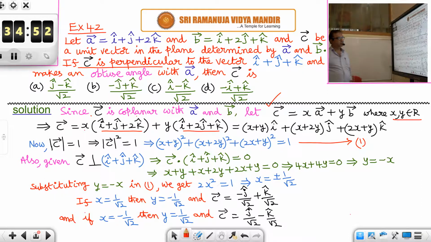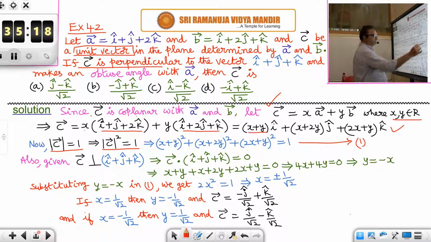Then collecting the coefficients of i cap, j cap, k cap separately, you can write it like this: x plus y into i plus x plus 2y into j plus 2x plus y into k. Now, it is given that C bar is a unit vector. So mod C bar is equal to 1, meaning mod of C bar whole square is also 1. Mod of C bar whole square means i coefficient whole square plus j coefficient whole square plus k coefficient whole square must be equal to 1.